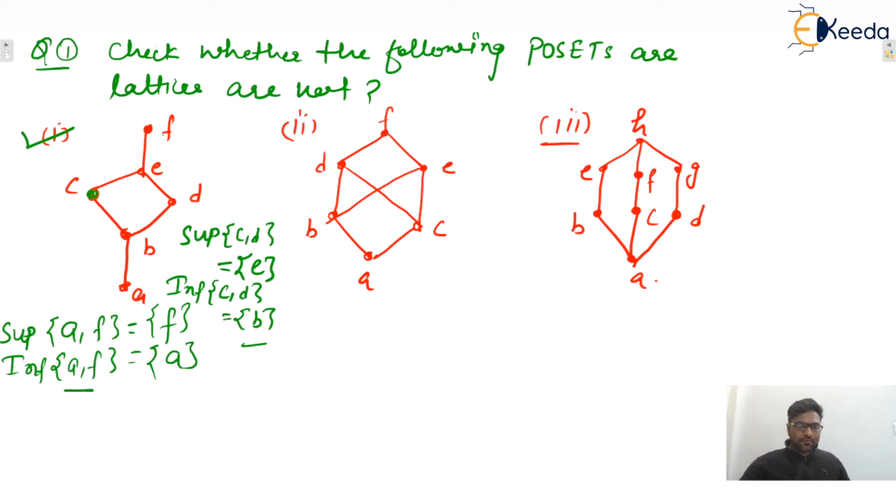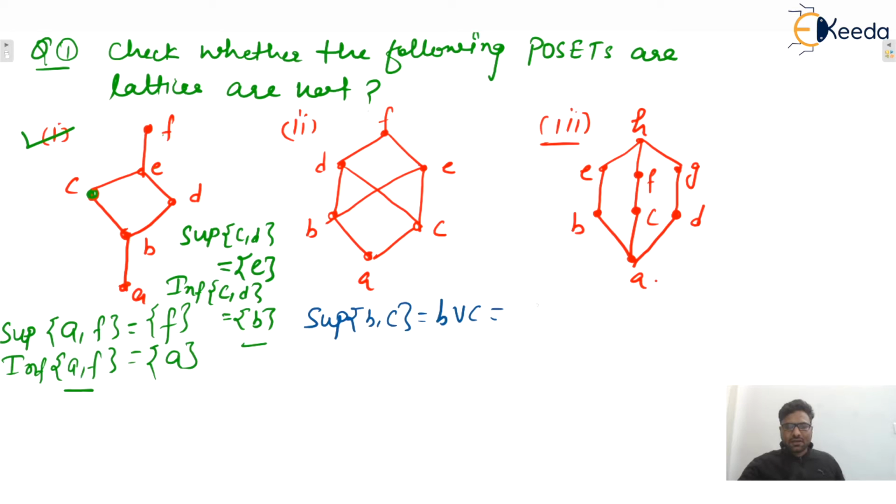Next one, you only tell me. Second one, let us consider B and C. What will be the supremum of B and C? What is the meaning of supremum? Supremum means least upper bound. So what are the upper bounds of B and C?